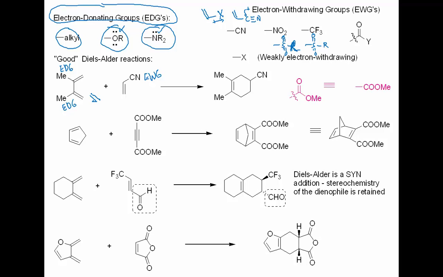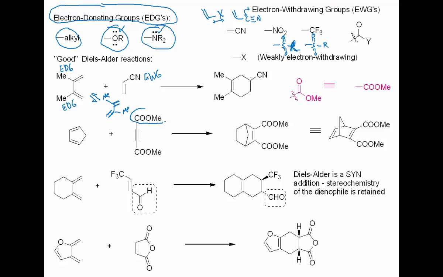Another reason that this is a pretty good Diels-Alder reaction is that there's not much energy difference between S-cis and S-trans. They both have about the same degree of steric hindrance. So this one equilibrates between S-cis and S-trans, but there's a high population of the S-cis conformation at equilibrium. Remember, we discussed earlier how the S-cis conformation was less stable than S-trans, but here they're approximately equally stable.